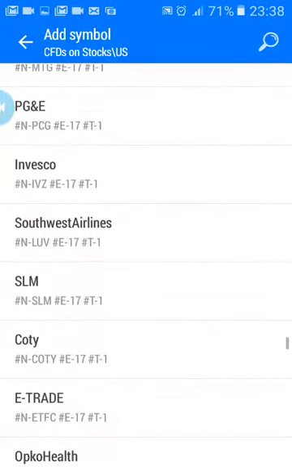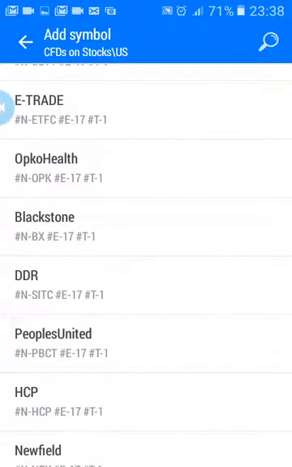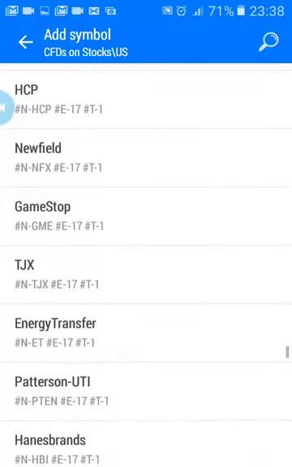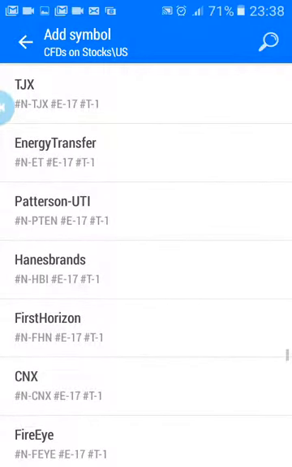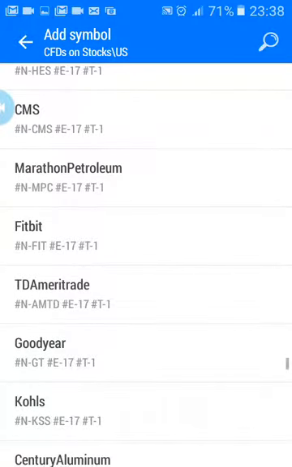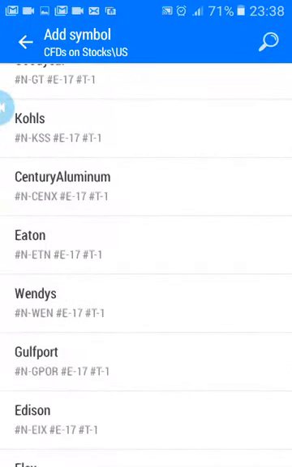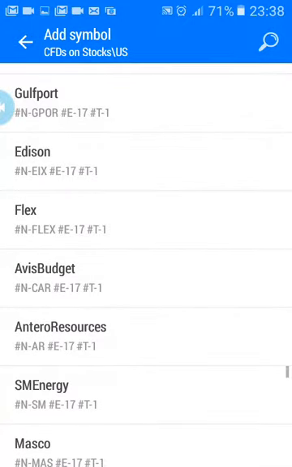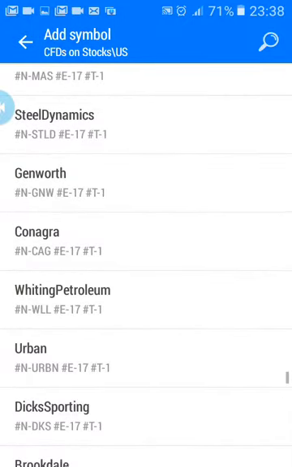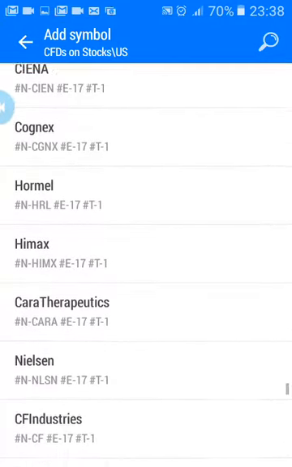Now, the thing here is that you must trade only the stocks or the companies that you know or you are familiar with, especially you know the CEO, you know the balance sheet, even though you don't know the balance sheet, something like that. But for as long as you know the company, you watch the news concerning those companies, you know when they are releasing their annual report statements, you know when they are releasing their news and things like that.